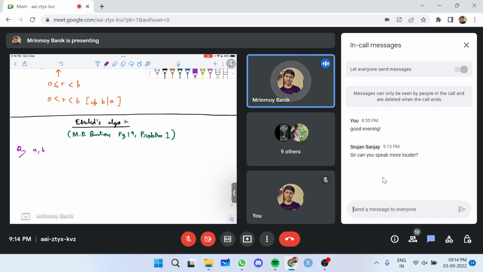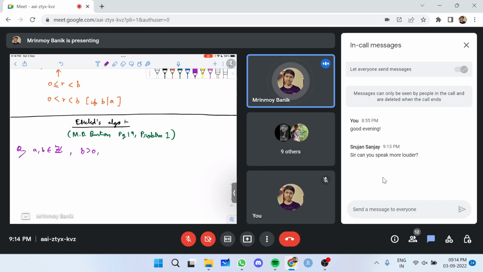So you have a, b, two natural numbers, or here two integers, as in case of division algorithm, and b is strictly positive.